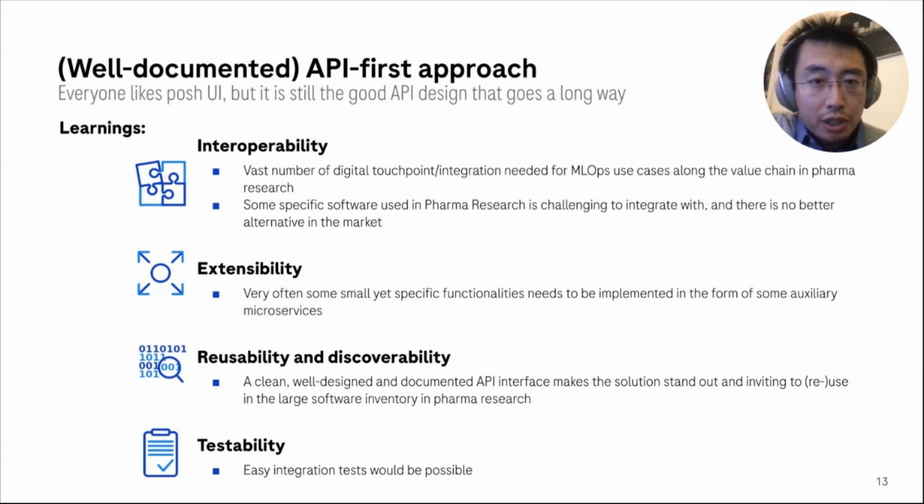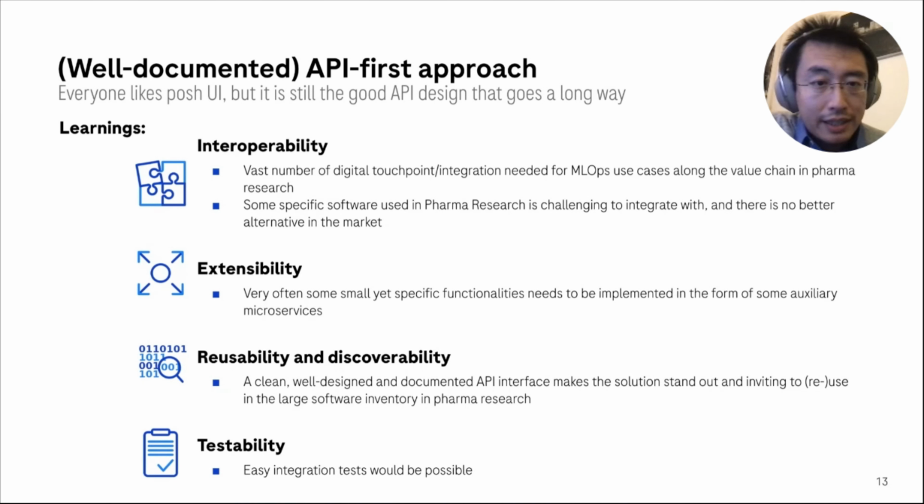In pharma research, we usually face a vast number of digital touch points and integration points for functional calls or data exchange. And actually among them, I can say that we already have some hard to integrate systems serving in a niche area. Taking an API first approach for the MLOps solutions is going to make it easier to interoperate overall and actually also set a good example.